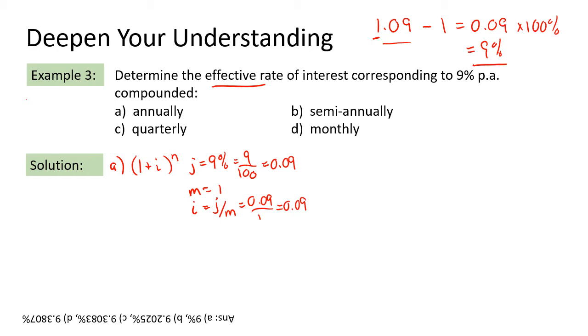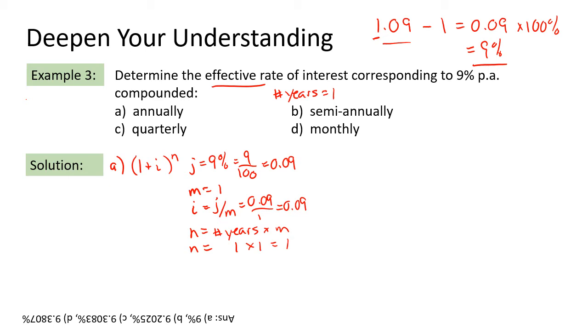Now again, I didn't give you a number of years, so assume that number of years is 1, all right? So n is equal to the number of years times m, or in other words, in this question, 1 times 1, which just equals 1.